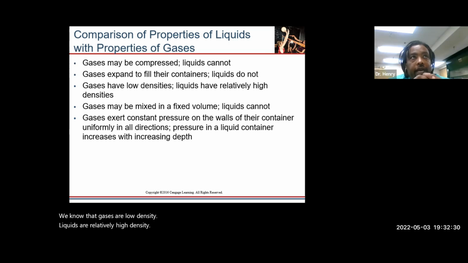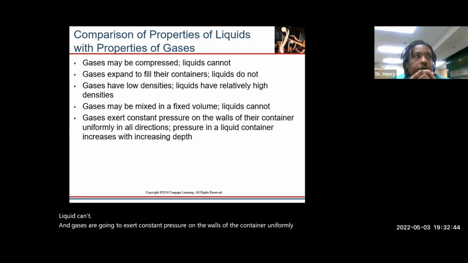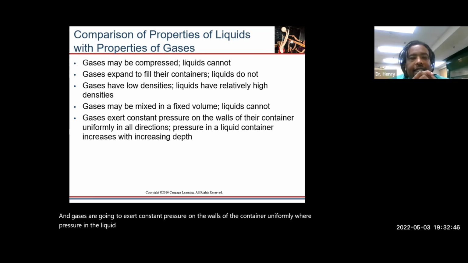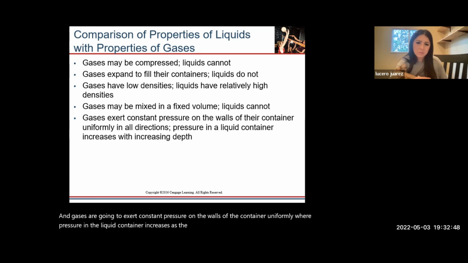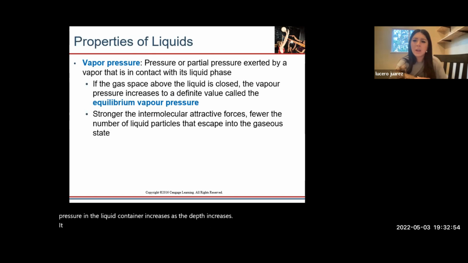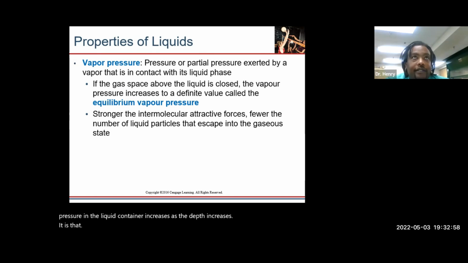Gases can be mixed to a fixed volume. Liquids can't. And gases exert constant pressure on the walls of the container uniformly, where pressure in a liquid container increases as the depth increases. Is that why the lower you get, the more pressure there is? Yes.